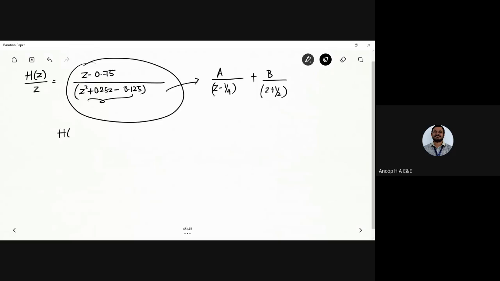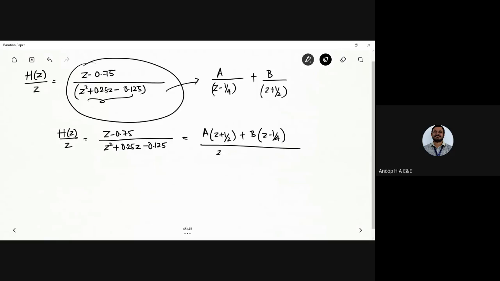So H of z divided by z, that would be equal to (z minus 0.75) divided by (z squared plus 0.25 z minus 0.125). That would be equal to A times (z plus 1 by 2) plus B times (z minus 1 by 4), divided by (z minus 1 by 4) multiplied with (z plus 1 by 2).